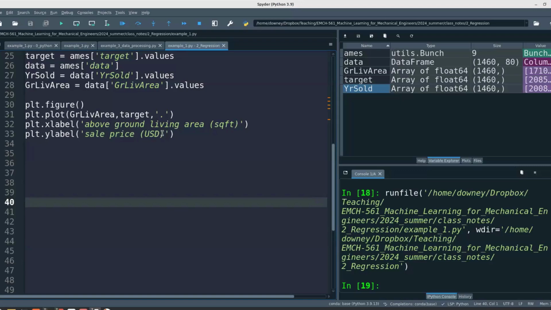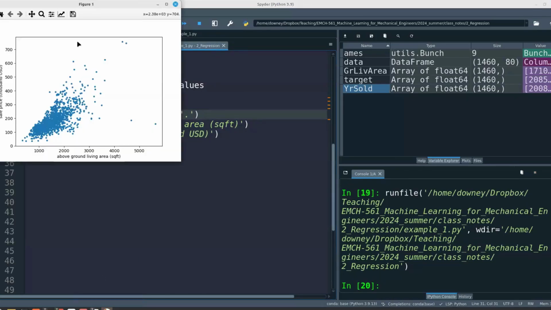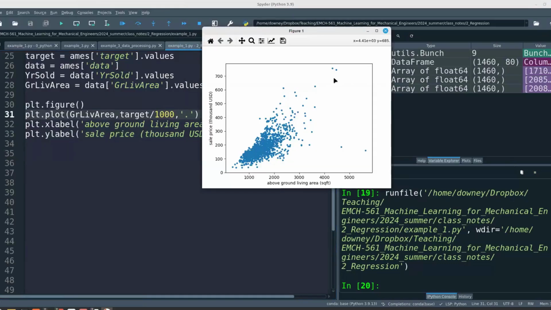So let's go 1,000 US dollars. And then I'm just going to divide the target here by 1,000. That way you know that this is a $700,000 house.